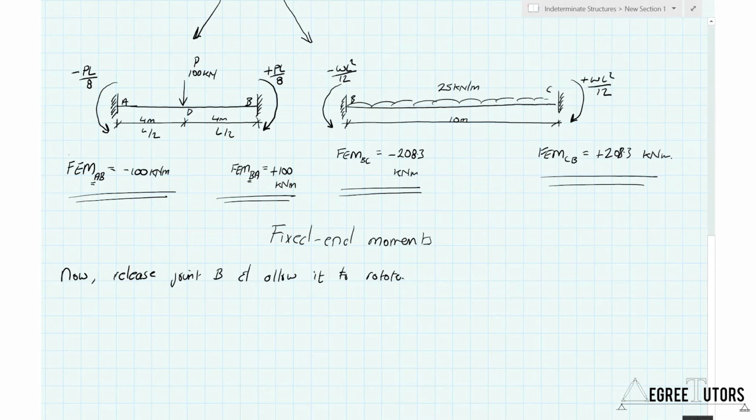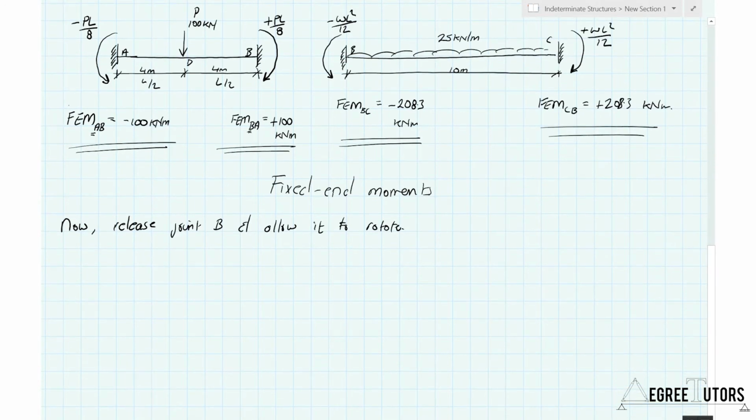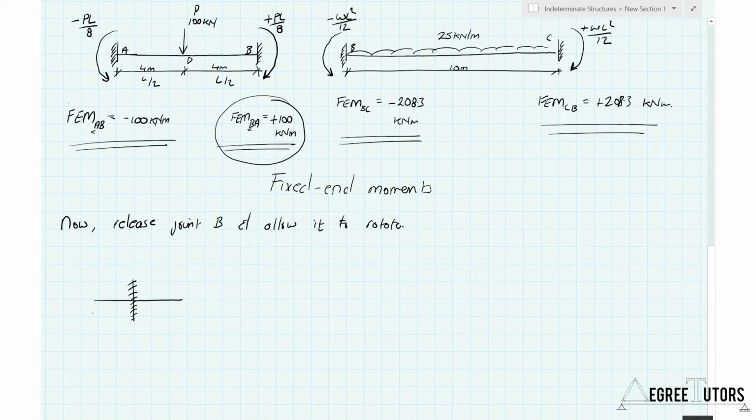Okay, so what have we got? Let's just focus in on joint B for a second and have a think about what's going on. Joint B starts off locked, and then we have a member coming out of either side. Now, the moment on the left-hand side of joint B was this guy. So that was a plus 100, right?